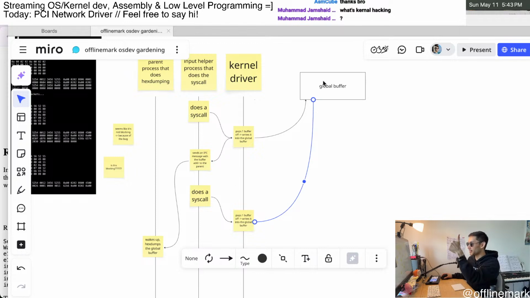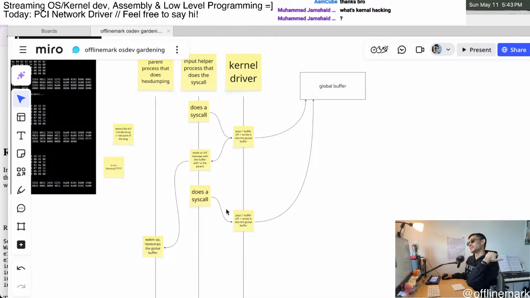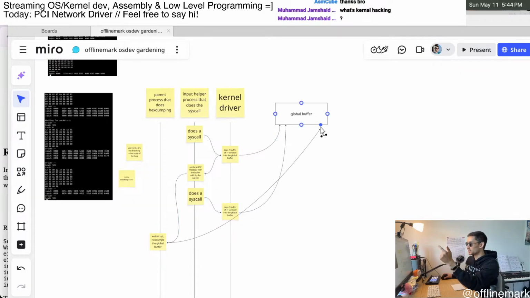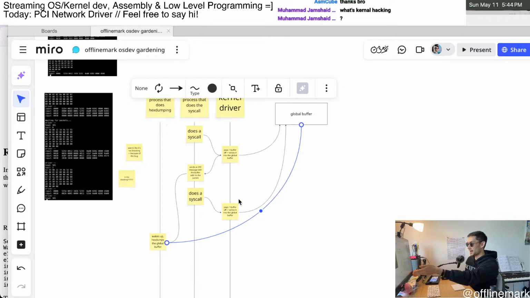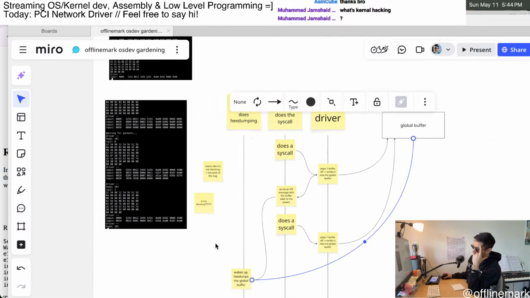And so we received one packet of data, and before the parent had a chance to look at it and read it out, we actually jumped in the way, did another read, and overwrote the data. And so by the time the parent process gets around to it, it's reading the second packet actually. And something like that is happening. And then the parent reads it twice or something like this.